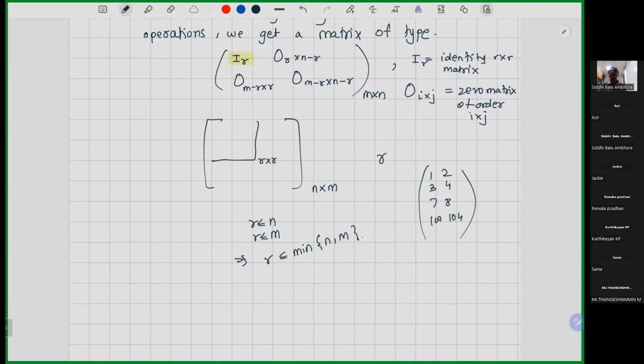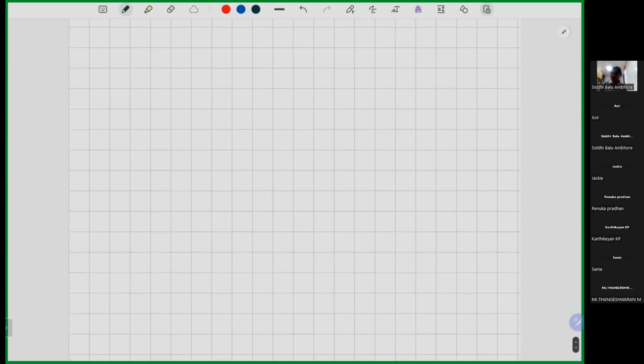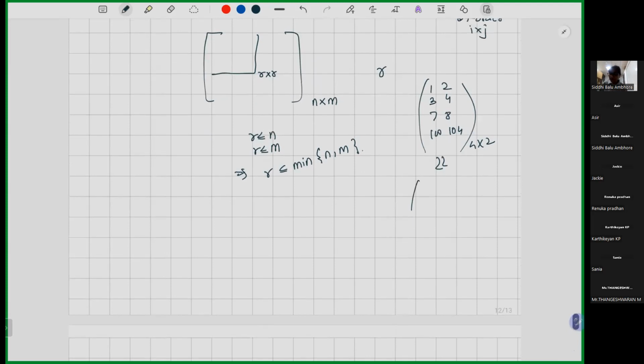If this is my matrix, this is 4 cross 2. If I do row operations, the resultant matrix, if the rank is 1, will be this, with identity meaning 1 and the rest 0, 0, 0, 0, 0, 0.